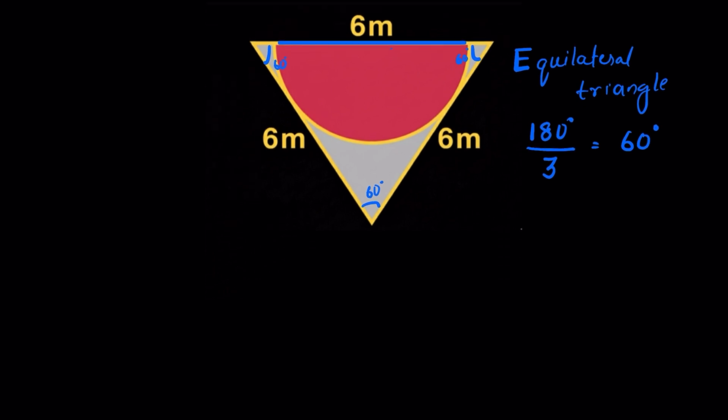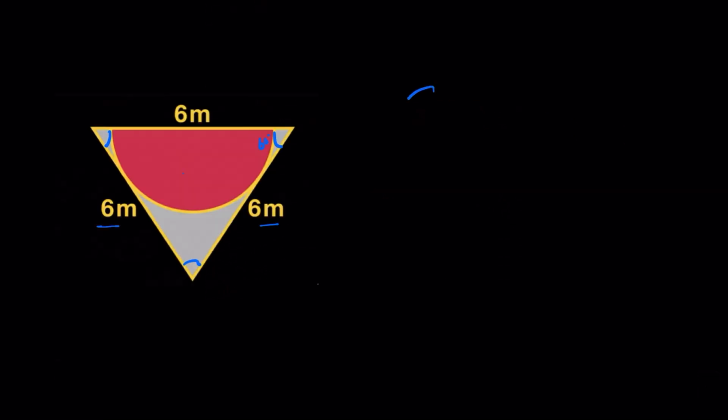Now there is a property of the circle. The tangent drawn to the circle is always perpendicular to the radius of the circle at the point of tangency. So if this is the center of the semicircle, this will be the radius.